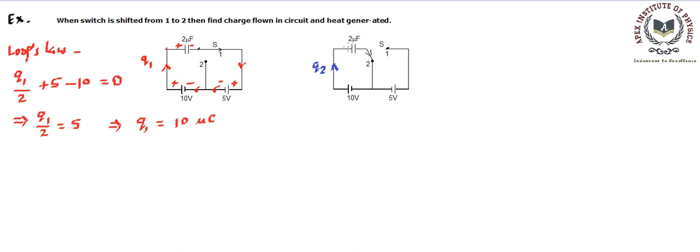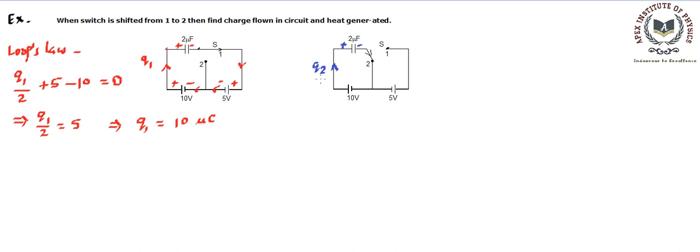Ultimately you will find this will be positive with the same charge Q2, and this is going to be negative. Now we say Q2 charge has gone through this circuit after shifting. That means we are looking for this Q2 value, right? So let's try to find it out.